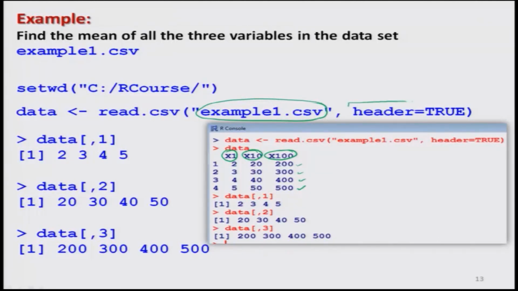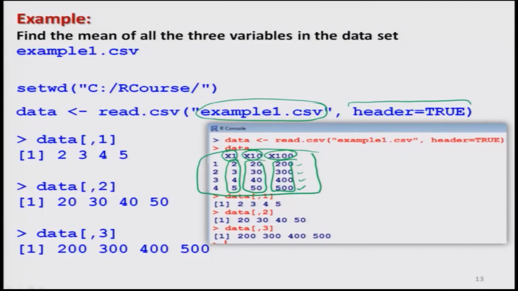Here I am using the option header equal to true, because the first line of this data has been used as the header. In this file, this is my data set. I will show you on the R console also, but here there is a first column, second column and third column.